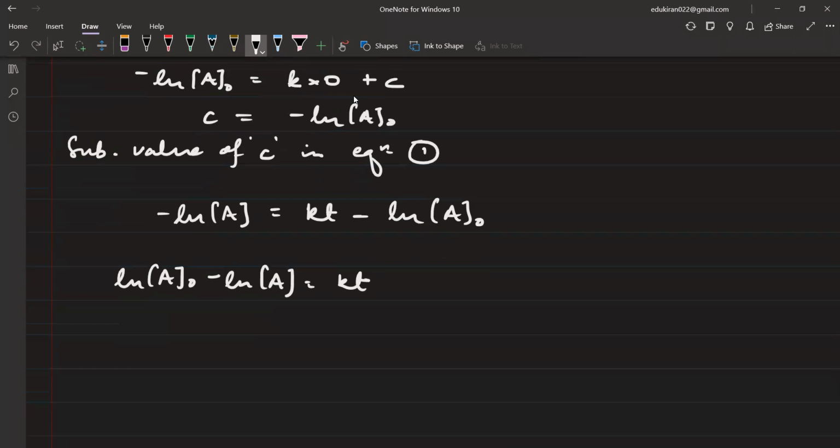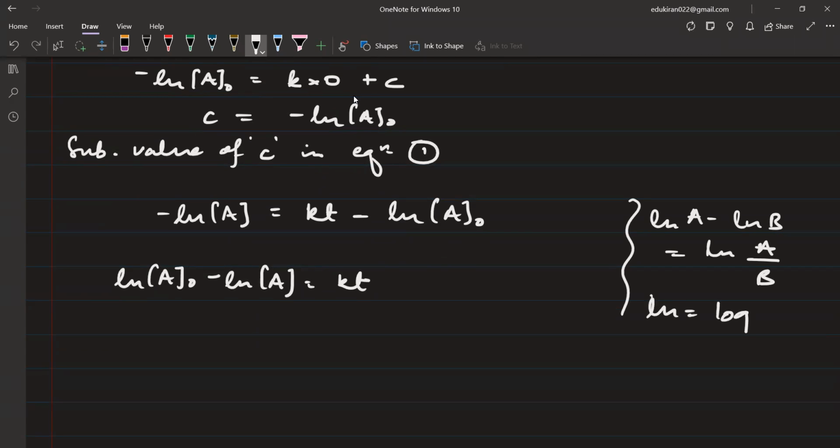Now we know that ln A minus ln B is equal to ln A upon B, right? ln is nothing but log with the base of e.